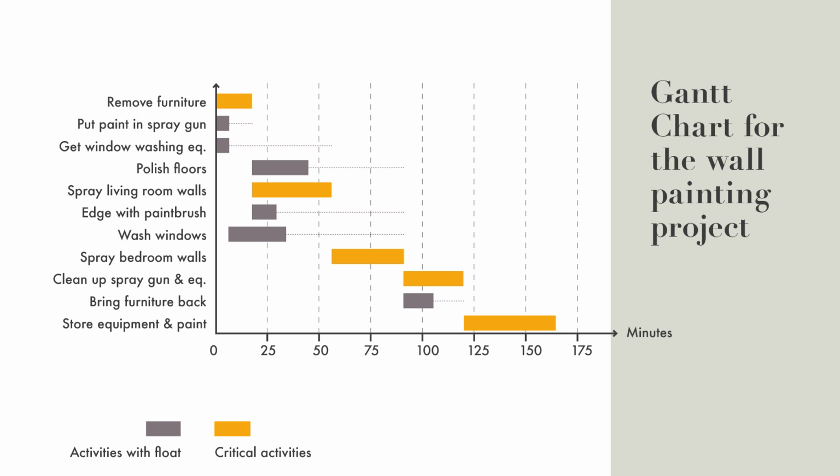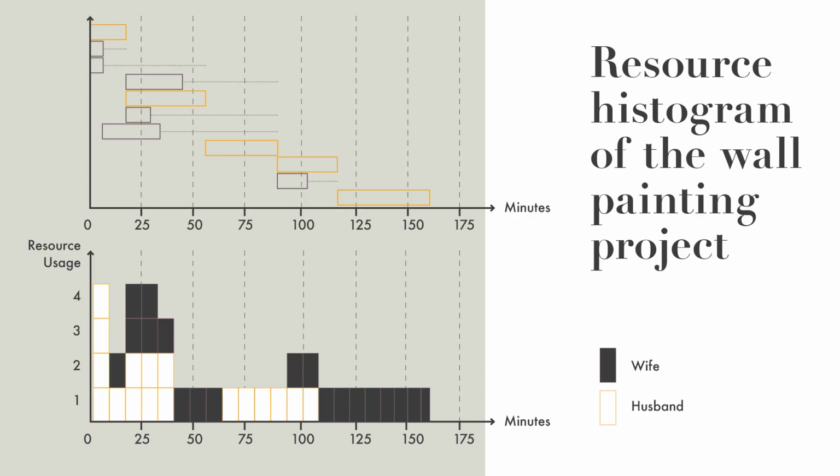Okay, then if we continue a little bit by looking at the resourcing that this project requires, we have in this picture two kinds of resources. We have a wife and we have a husband. With this resource diagram, which is marked on the time axis below this Gantt chart, we can see that in some parts of the project we need two husbands and two wives.